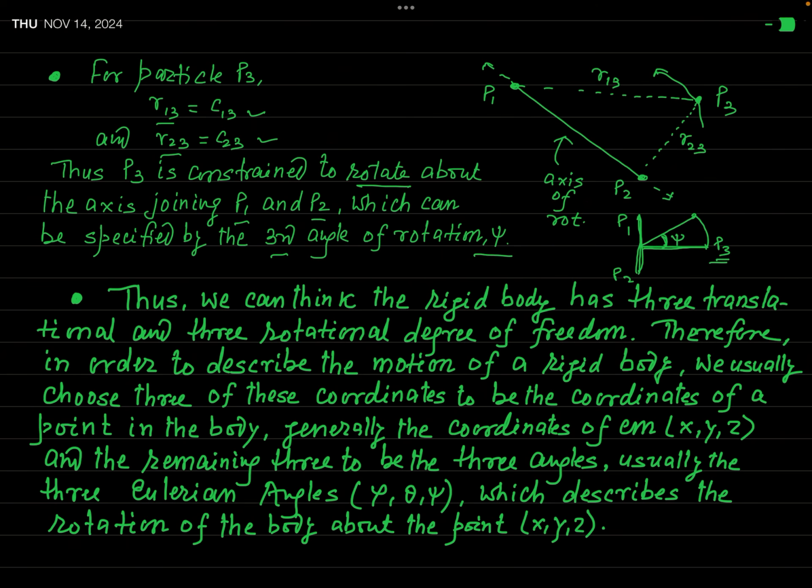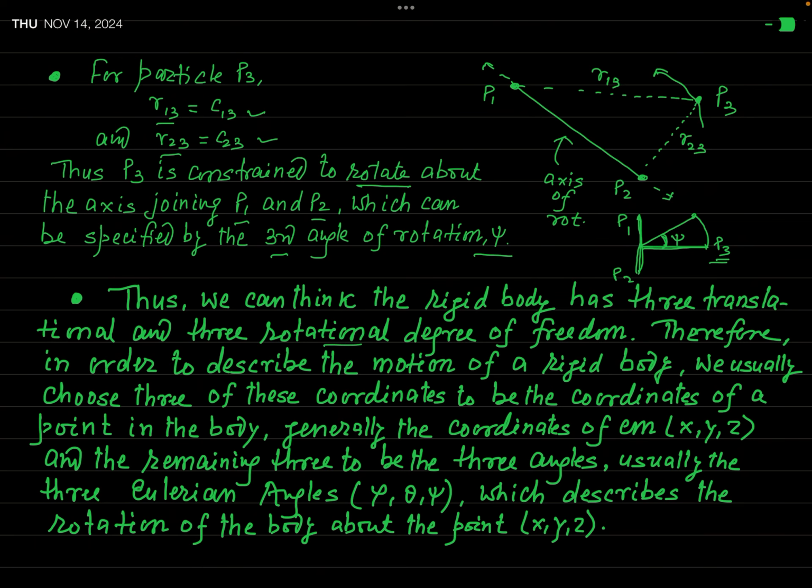Okay, so what you can conclude is that the rigid body has three translational and three rotational degrees of freedom. These theta, phi and psi are three rotational coordinates, or angular coordinates, which represent the rotational motion.